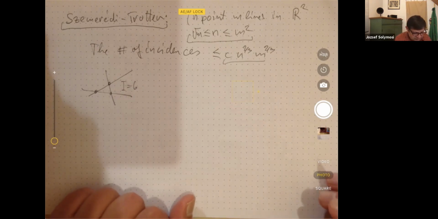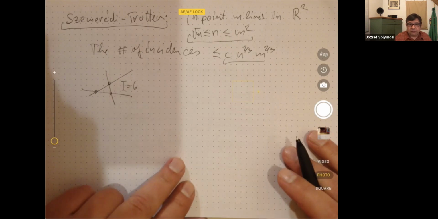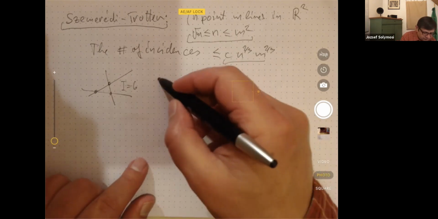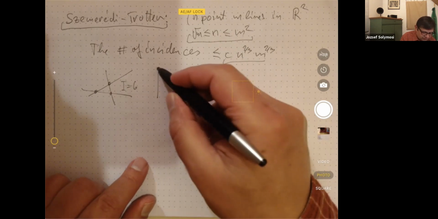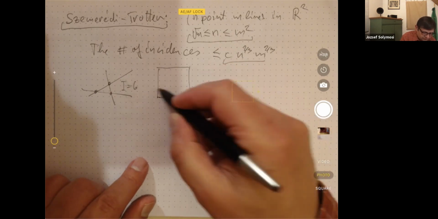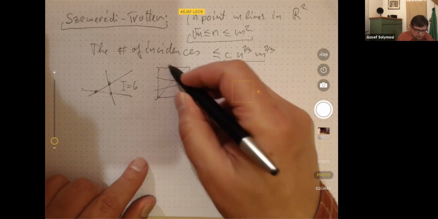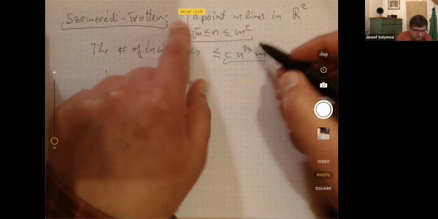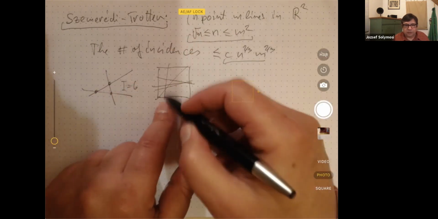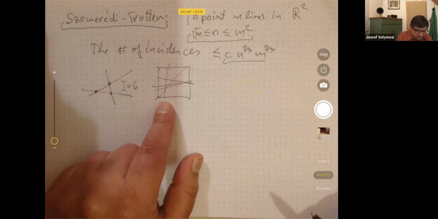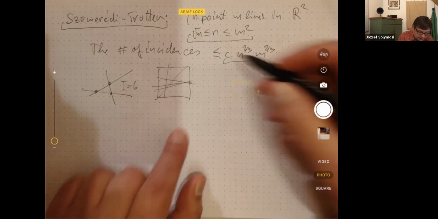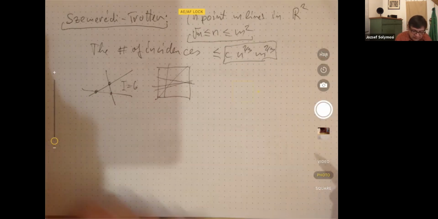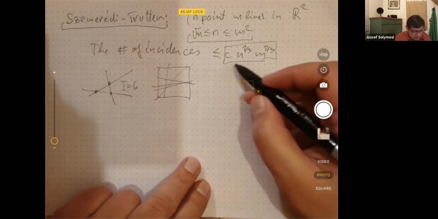You can reach this easily with lines on the integer grid. Choose your parameters n and m, and then you will find an optimal richness here, which will give you this bound exactly. So you can achieve that many incidences, but you can't have more.